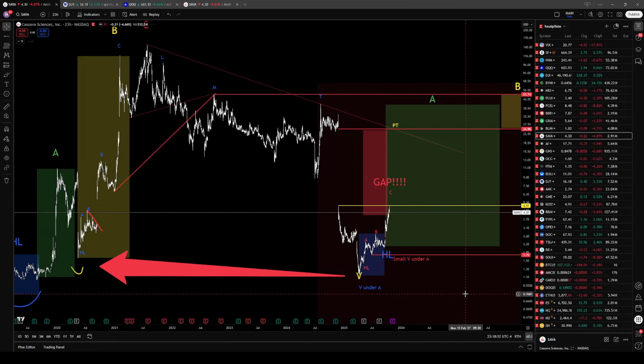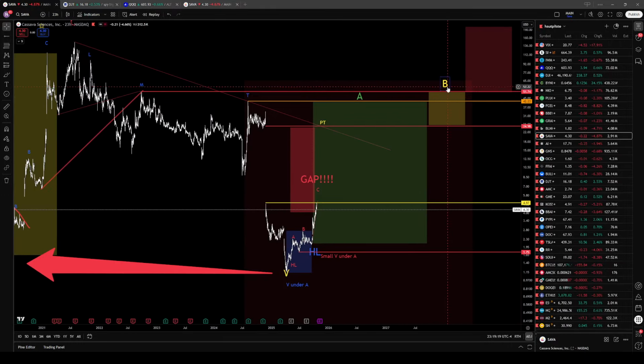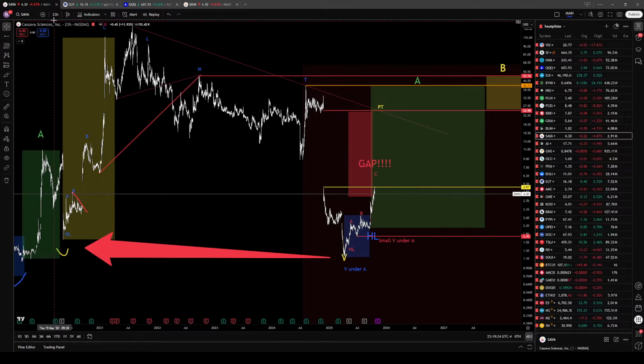And now you want to see the gap fill. So our next target. There is one bullish version, one bearish version. The bullish version, gap fill, price target 25. Your A peak should be around 42. Your B peak 51, and whatever happens after that.